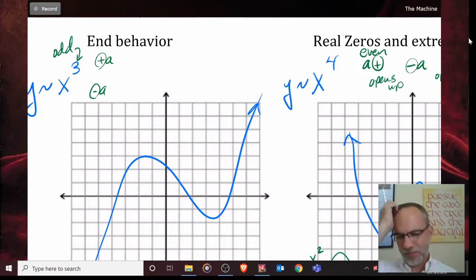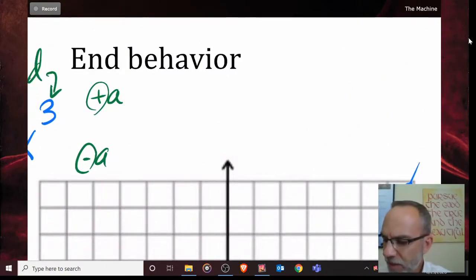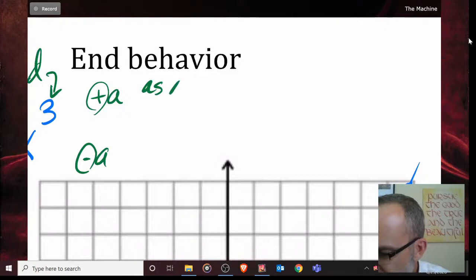Let's do this. Let's talk about what we're doing with x, left and right, and then we'll decide what we're going to do up and down. So, end behavior for an odd one. If the a is positive, as x goes to the right forever, how do I want to say that mathematically?